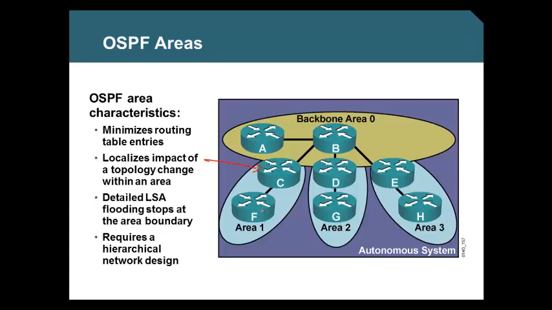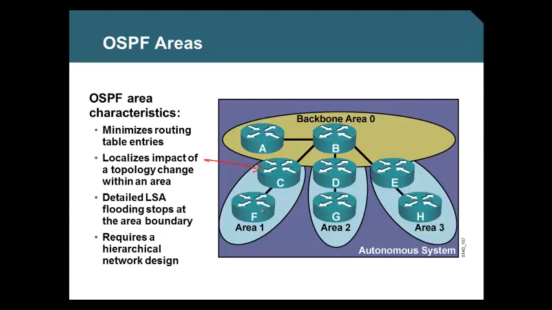Now you may think in your mind, if the network goes down in area 1 and flooding happens only within area 1, then what about the area 2, area 3 update? Will area 2, area 3 know about this failure? The network has failed in area 1.